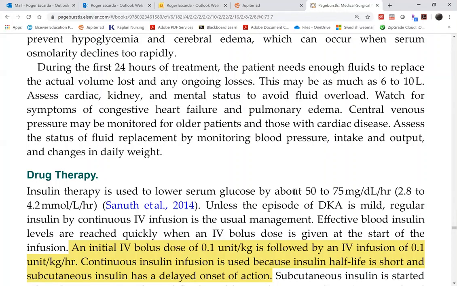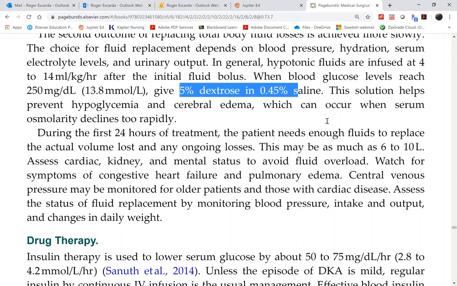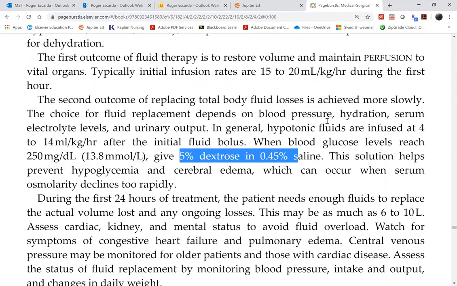You start with normal saline, you give the IV fluid bolus, the IV insulin bolus, followed by continuous IV insulin infusion. And then once the first bag of saline is finished, we switch to half normal saline with potassium now because we anticipate it will drop.